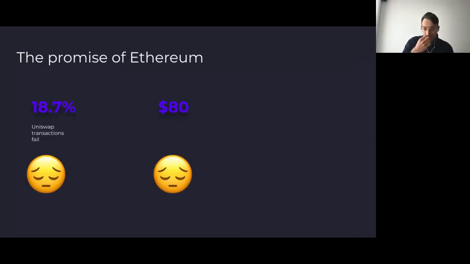Then with the price of Ethereum rising and more people using the network, which is a sign of success, it also has the drawback that it increases congestion and increases the price to use the network. So in May this month, the average cost to make a trade on any of the DeFi swap platforms is about $80, which really prices out a lot of possible trades from the market.